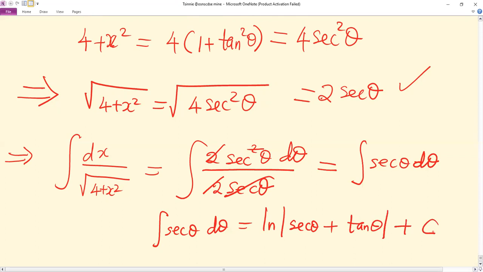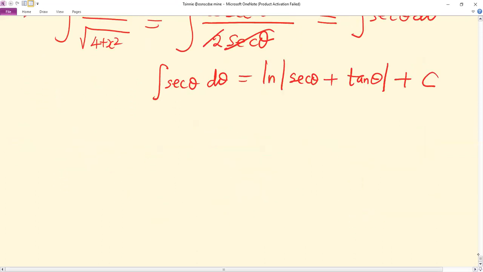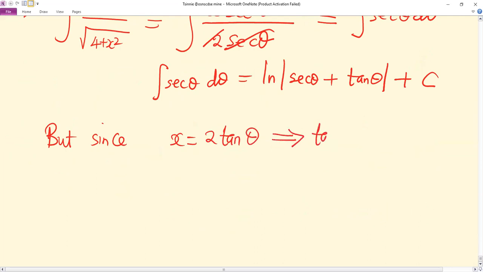But remember, you don't stop here because theta is our own creation. Theta was our own creation in the substitution, so the problem was in terms of x. But since we have said that x is 2 tan theta, then it means that tan theta itself is x over 2. Then you draw a right angled triangle.